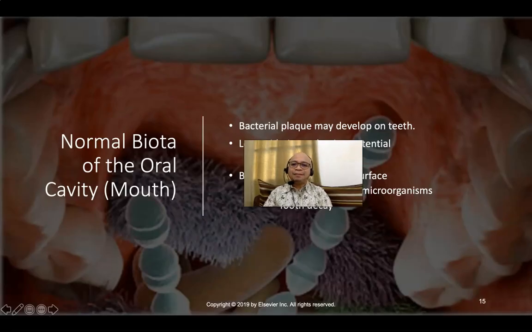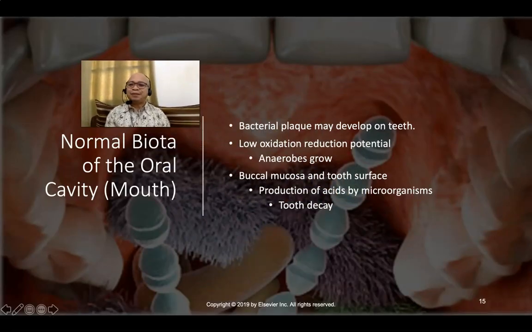Okay, now let's talk about the normal microbiota of the oral cavity or the mouth. So this particular group of microorganisms may cause bacterial plaque, okay, and this may develop on the surface of our teeth. So majority of these organisms would require low oxidation reduction potential, which means that these microorganisms are anaerobic microorganisms.